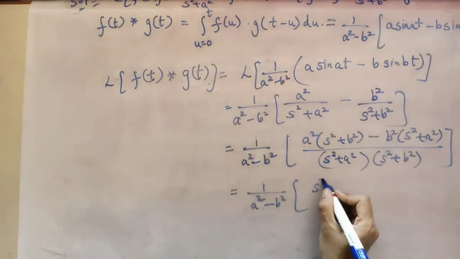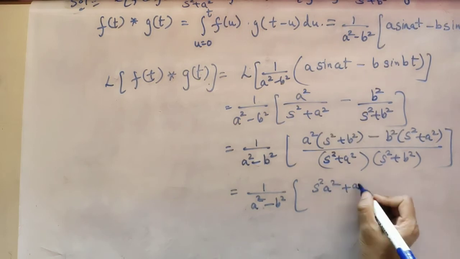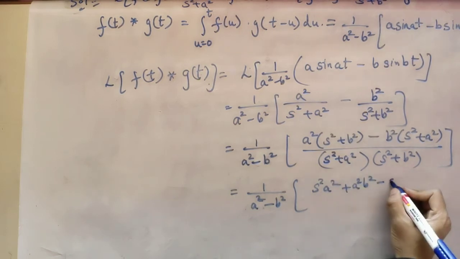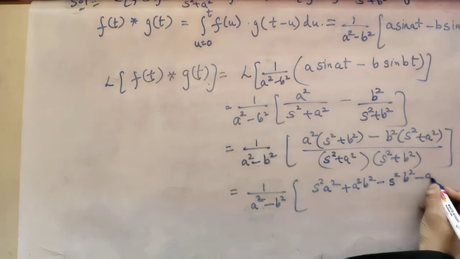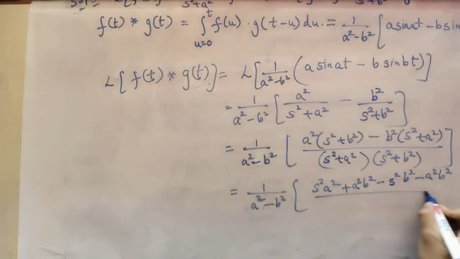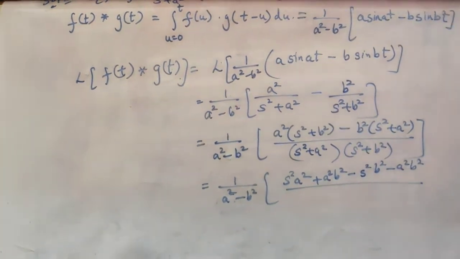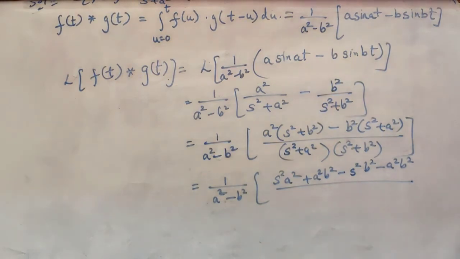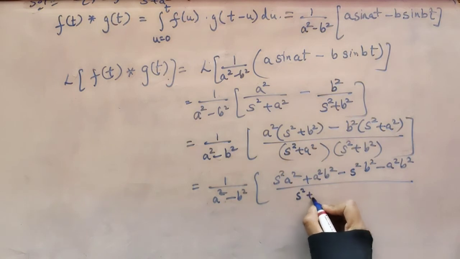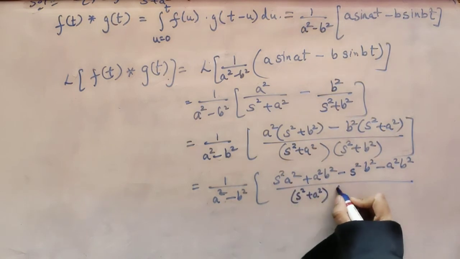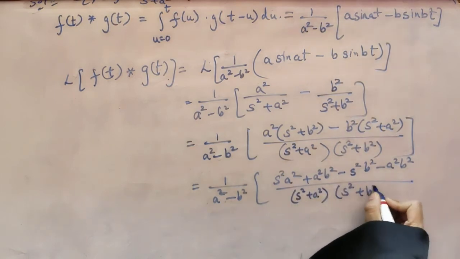You have s square a square plus a square b square minus s square b square minus a square b square, divided by s square plus a square into s square plus b square, the same thing.